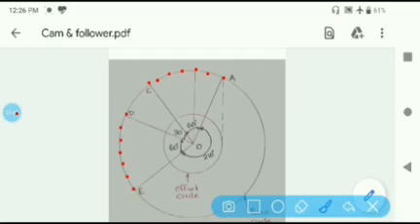So now assume that this is the first point. So that is 1, this is 2, next is 3, 4, 5, 6. And here on the return stroke it will be 6 prime, 5 prime, 4 prime, likewise. Now from 1 you have to draw a line such that it is tangent to the offset circle.